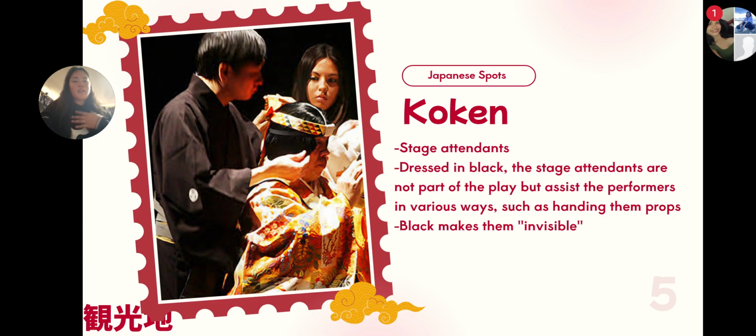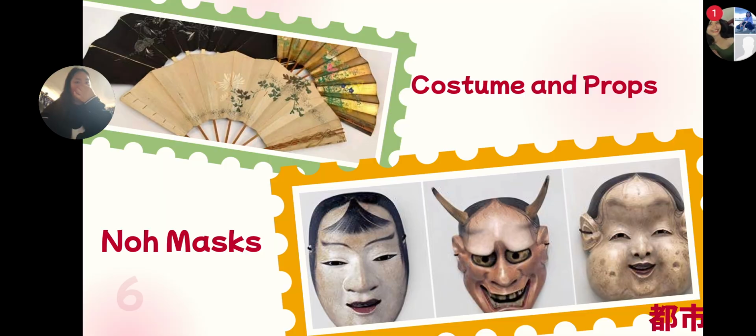They are just wearing a black kimono to make them invisible. There's no acting happening with them, but they position the actor before he enters, and then support the actor also. So we also have the costume and props.